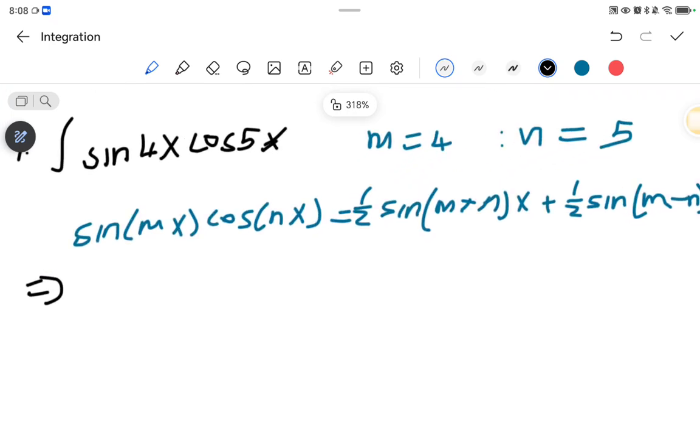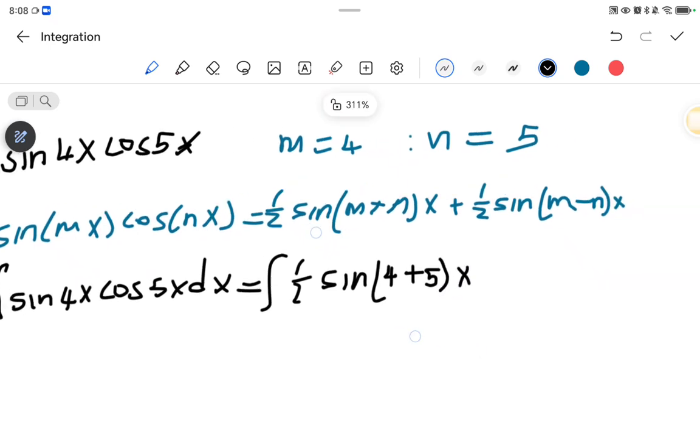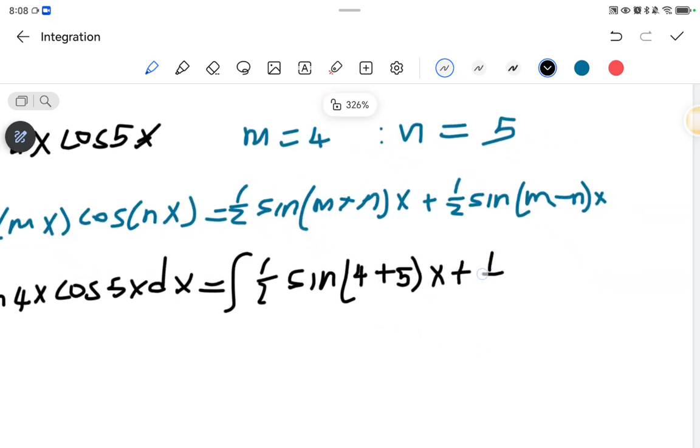So this is going to imply that this integral of sin(4x) cos(5x) dx will be equal to the integral of [1 over 2 sin((4 + 5)x) + 1 over 2 sin((4 − 5)x)] dx.